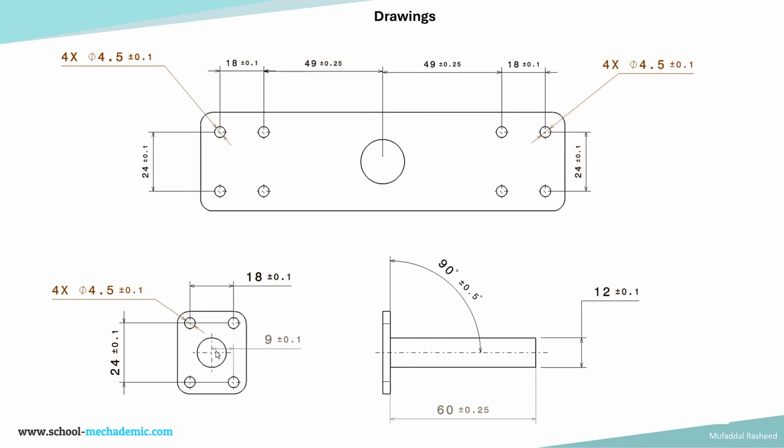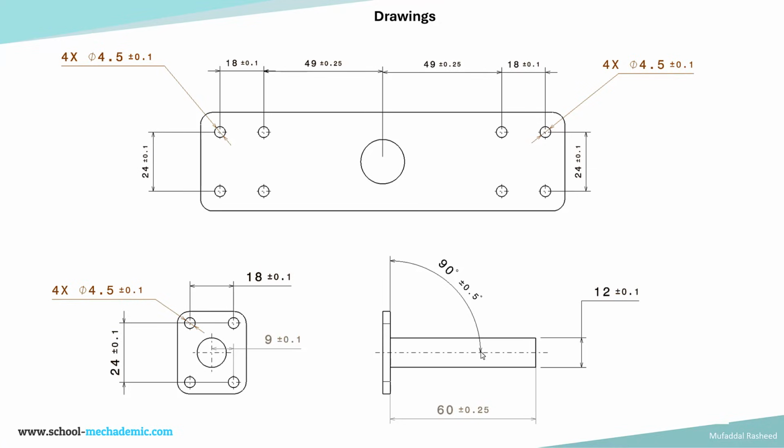and this indicates the location of the center axis of the post with respect to this hole. So 9 plus or minus 0.1 is the location of the center axis of the post with respect to this hole over here, which is part of the pattern. And in the other view, there is a specification for the angle of the post with respect to the base as well.